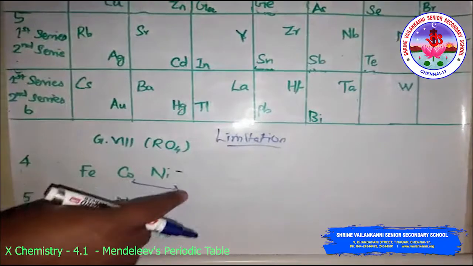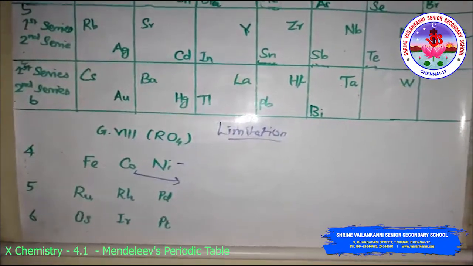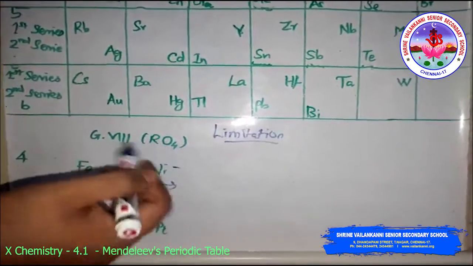The limitations of the Mendeleev periodic classification. The electronic configuration of hydrogen resembles that of the alkali metals.